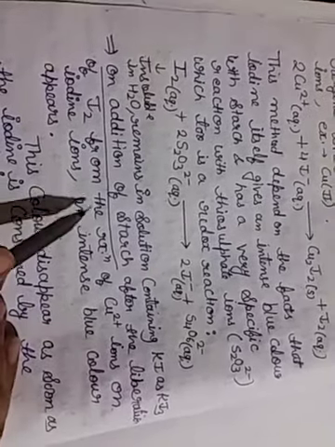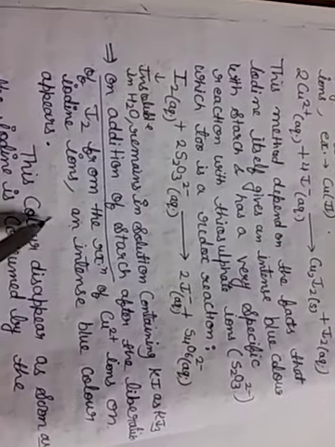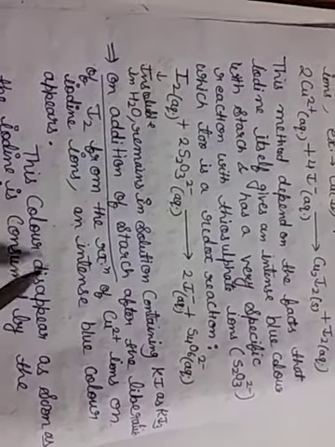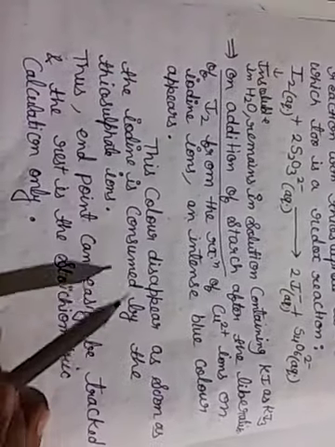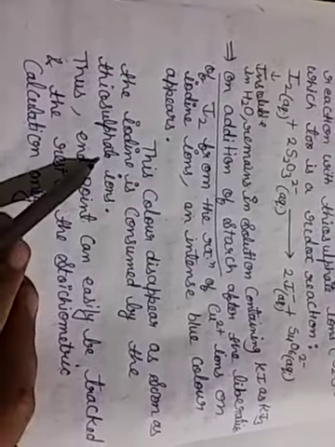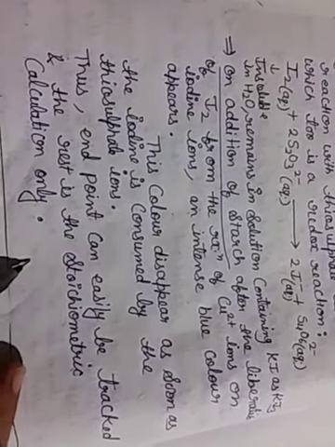After the liberation of the iodine, we have to add starch. So iodine gives an intense blue color, and this color disappears as soon as iodine is consumed by the thiosulfate ion. So the end point can easily be tracked, and the rest is the stoichiometric calculation only.